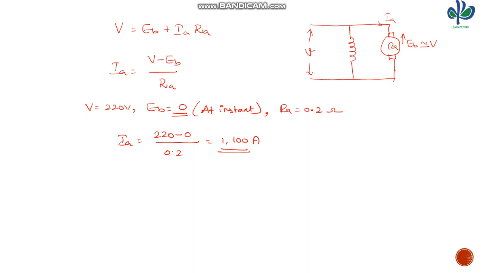So in order to reduce the current, a high resistance is added on the armature side. That high resistance is called a starter. As far as the DC shunt motor is concerned, we have to go for a 3-point starter.